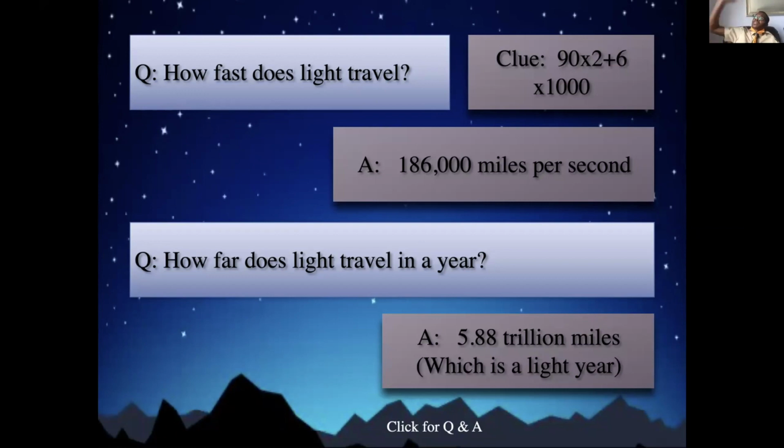Some of the stars that you will see, if your sky is clear where you are tonight, that star is not actually where you're seeing it. It has gone past that long time ago, but the light from that star has taken that long to arrive to the place where you can see it. So it's absolutely amazing, the study of cosmology, or the study of the universe and stars.